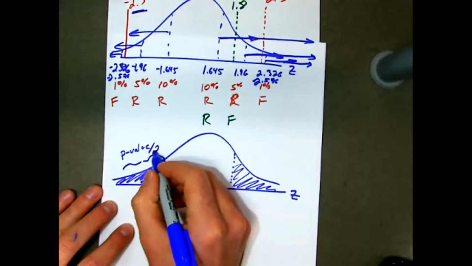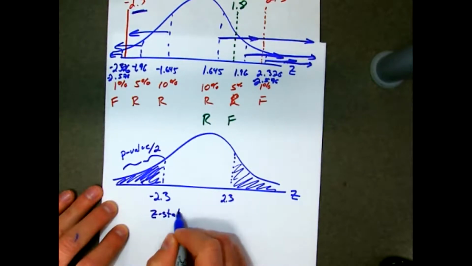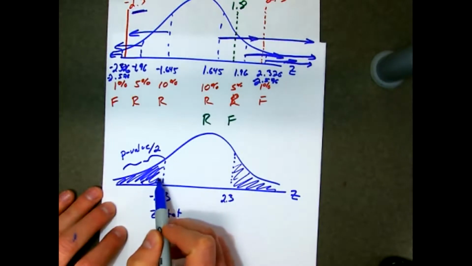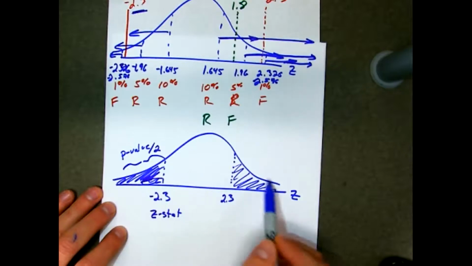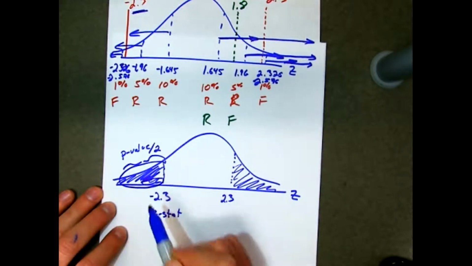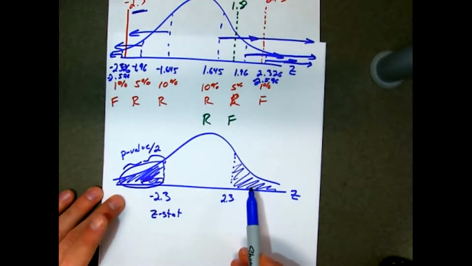Now, using my Z statistic, I can find the probability I saw the test statistic I did or anything more extreme. But I have to remember it would have been equally as likely for me to see something on the other side. So the area to the left of my test statistic only represents half of my p-value.